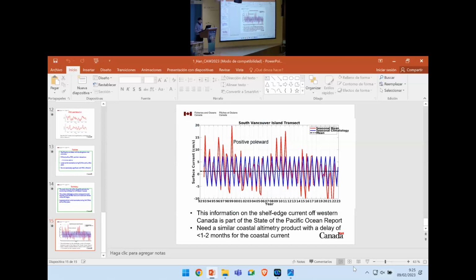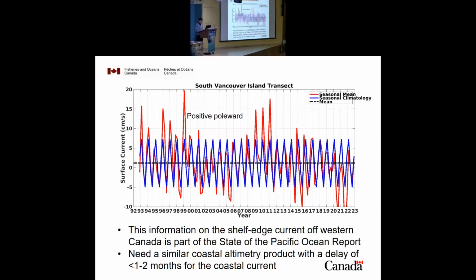That's right, that's a 3-month mean. If you look at a single month, yes, it would be much larger. If you look at 1 month, there would be much larger anomalies, right?